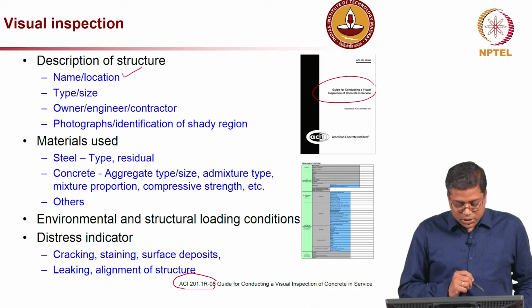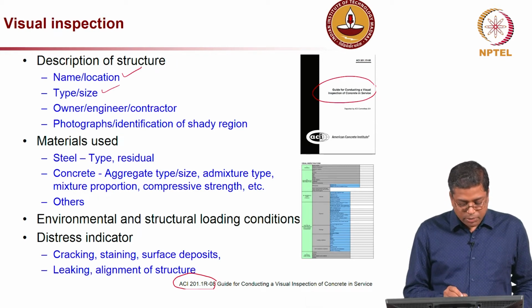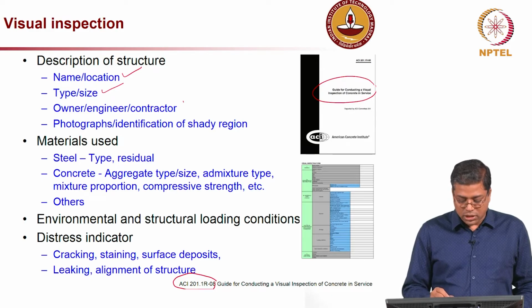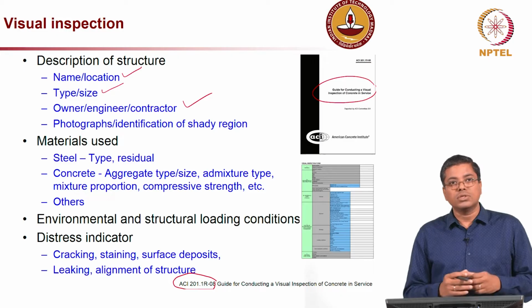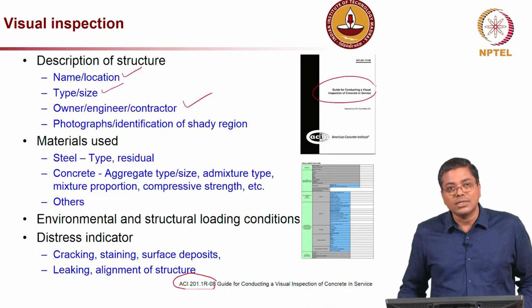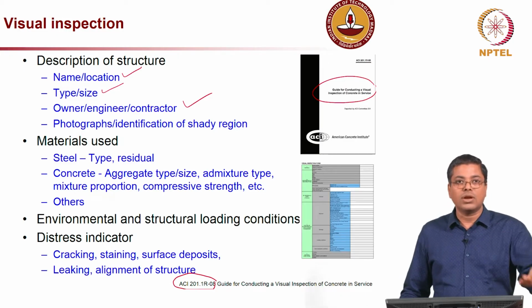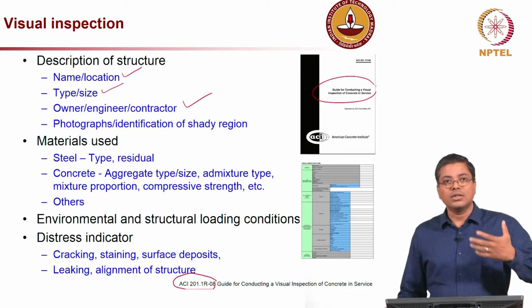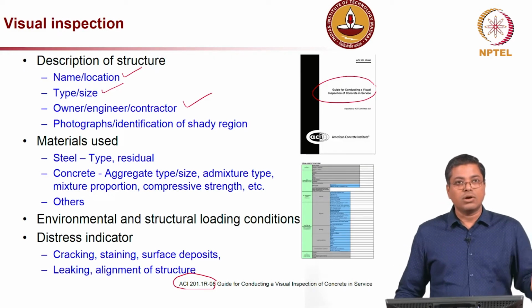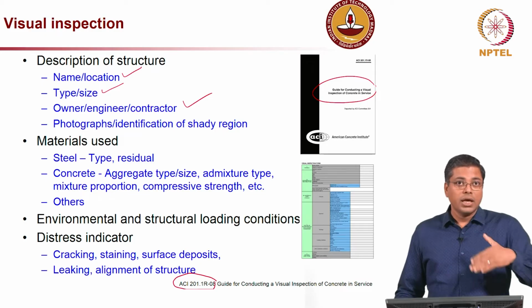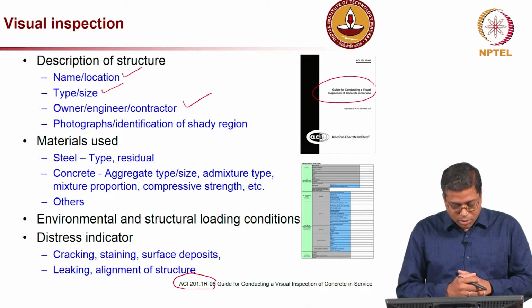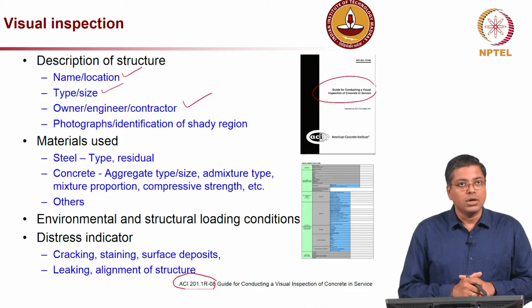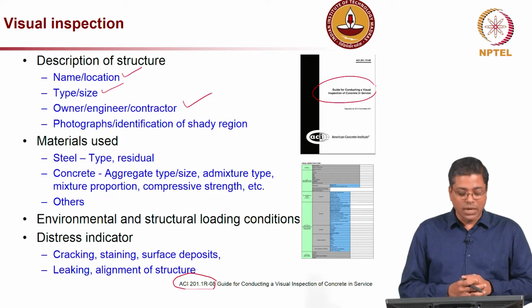Now, the description of the structure, the type and size of the structure, who is the owner, who is the engineer, who is the contractor. Sometimes there are multiple contractors involved, because the first contractor started the work and something happened, they walked out, and a new contractor came in. All this information is also very important.